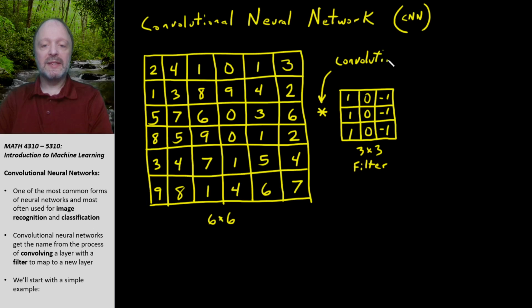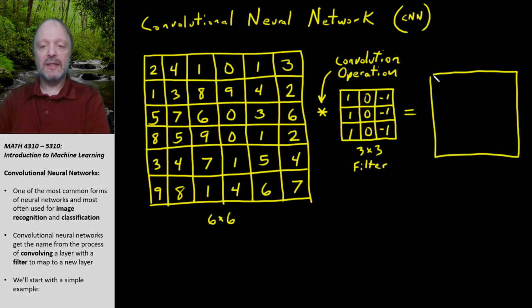And you've probably seen this in some of the more advanced mathematics classes you've had. The convolution operator: take two things and do something with them. Alrighty, so that is the operator, and this is going to yield, when we're done, a 4 by 4 matrix at the end.